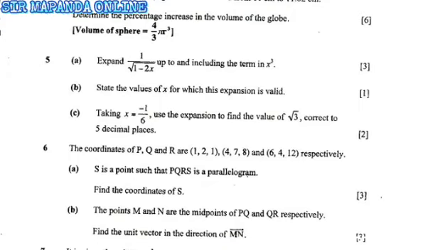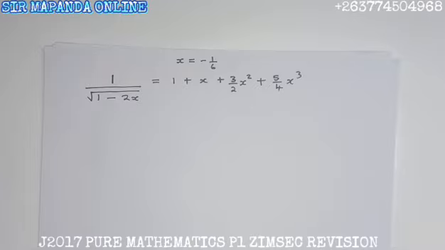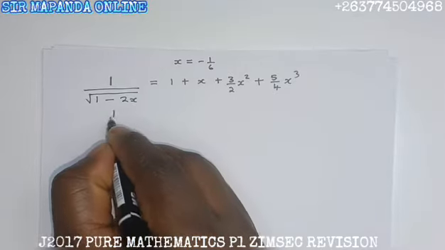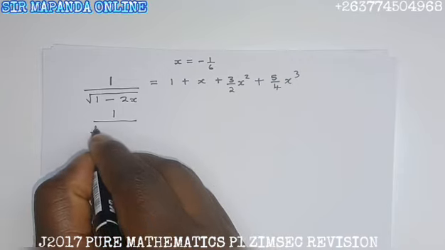Right, we are now moving on to part C. Taking x equals minus 1 over 6, use the expansion to find the value of root 3, correct to 5 decimal places, 2 marks. To attack this question, you need to substitute minus 1 over 6 on both sides, left and right.